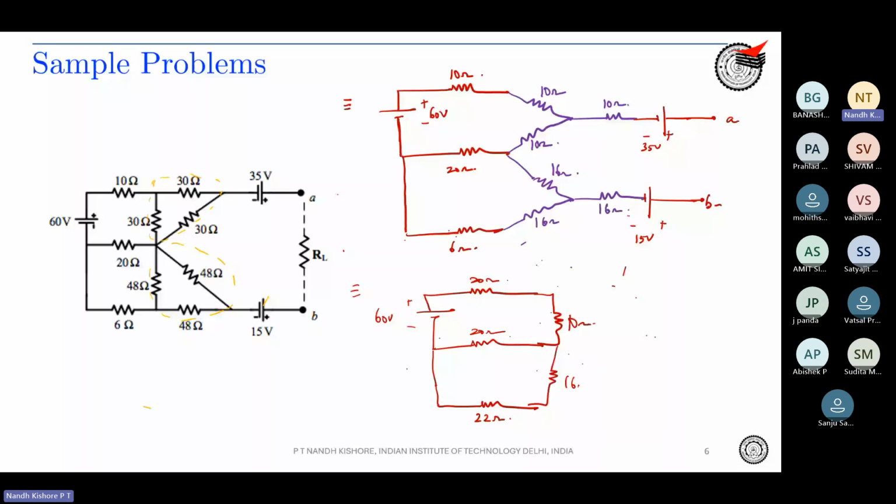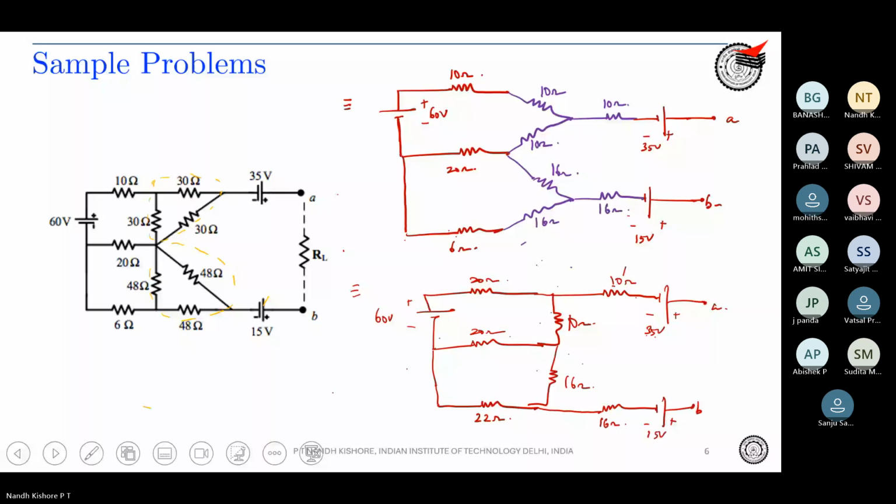So from the output, you get again 10 ohms, and this is 16 ohms. Correct?